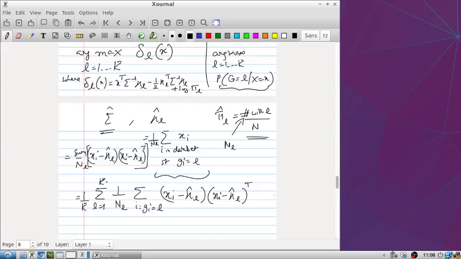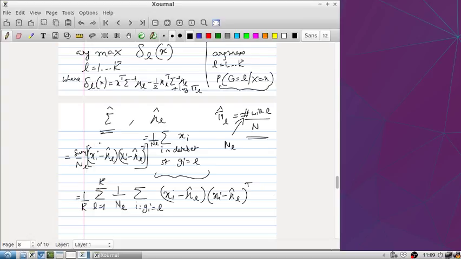Okay, so this term is the class specific variance, the empirical variance or an estimate of this covariance matrix. I'm just averaging over all classes because this doesn't depend on any class. So this is the formula, so you can trust this.